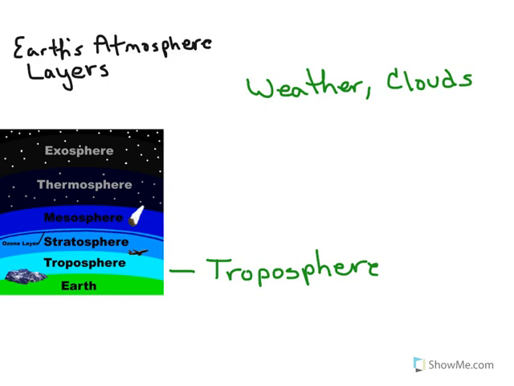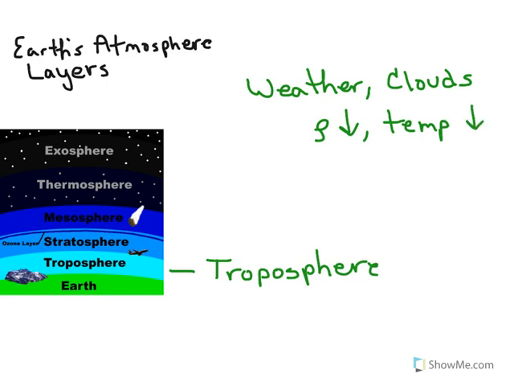And of course, being the layer closest to Earth, this is where we are. We are in the troposphere. And the troposphere temperature profile is going to be dominated by density. So in the troposphere, the density is going to decrease as you go higher. So the temperature is going to decrease as you go higher.